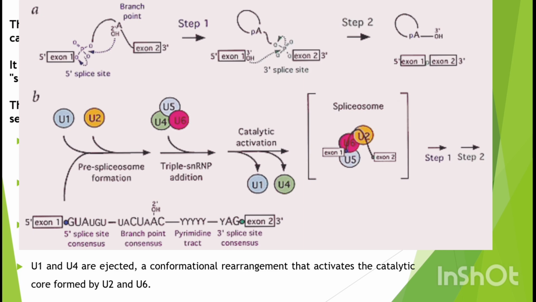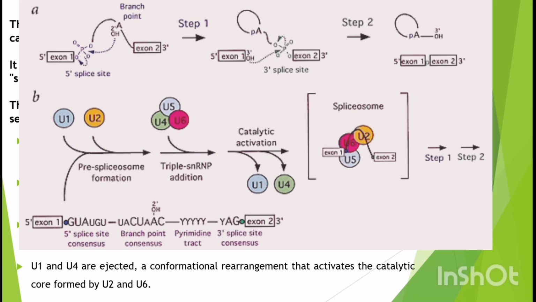Then the U4, U6 and U5 tri-snRNP complex joins the assembly, bending the pre-mRNA to bring the 5' splice site, 3' splice site and branch point physically close to each other. U1 and U4 are ejected, a conformational rearrangement that activates the catalytic core formed by U2 and U6.